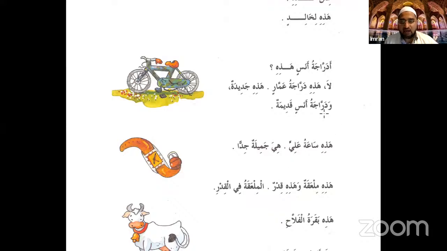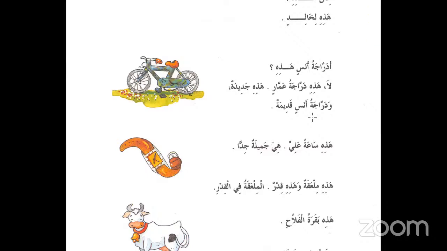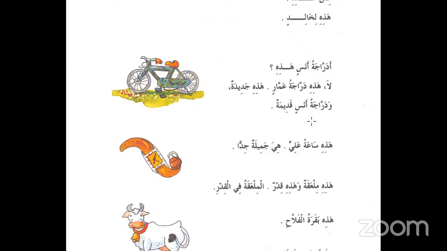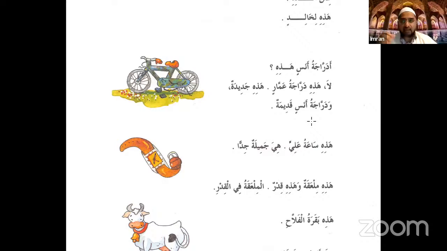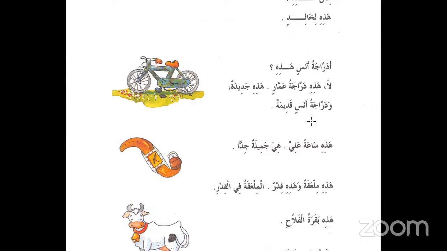Wa darajatu anasin. So what does that mean? Anas's bicycle. Now, can you see darajatu anas is mudaf ilay, correct? Whenever mudaf ilay comes in the beginning of the sentence, it's coming as the subject, as the mubtada.